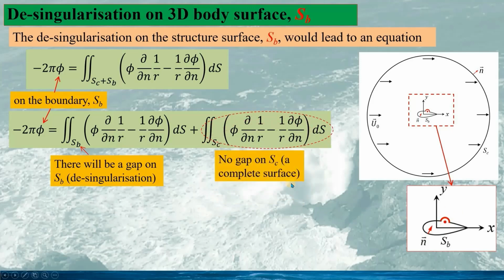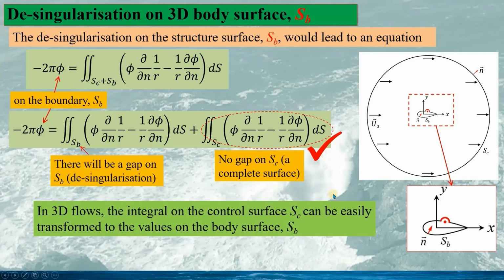And this part, there will be no gap, thus SC would be a complete surface. And in 3D flows, the integral on the control surface, this part, can be easily transformed to the value on the body surface SB. See the next slide.